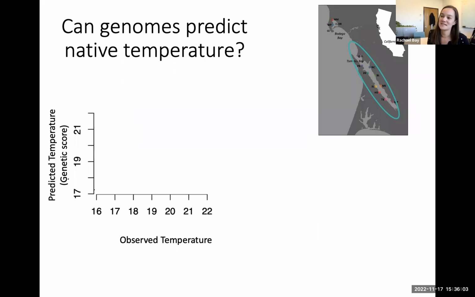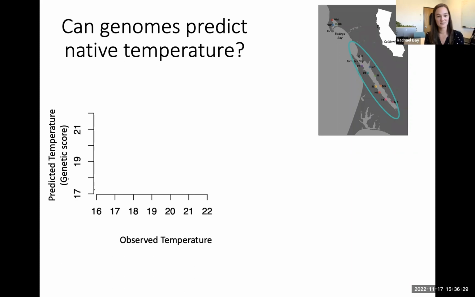What we did is that we predicted temperature from the genomic data using the random forest model, and we compared that to observed temperature. Now, what the random forest model needs is a set of candidate SNPs. So these we can get from our LFMM genome scans. We also need to train the model, and then we predict on another data set. So there's a lot of different permutations we can do of that.